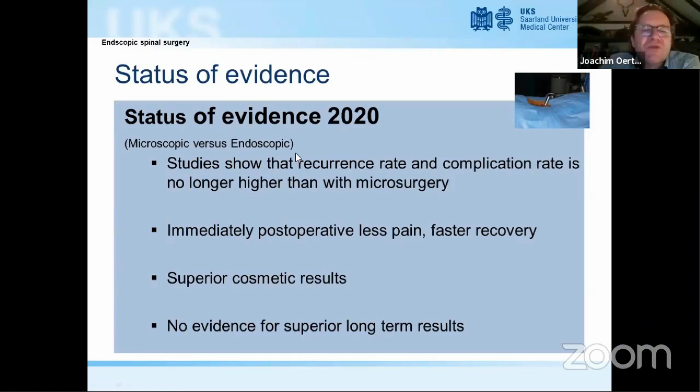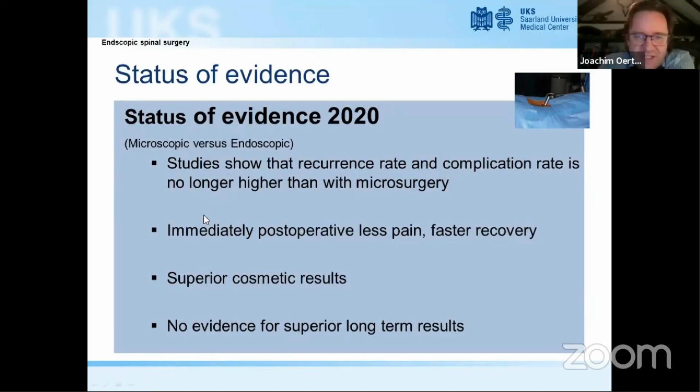We have shown that there is no longer a higher recurrence rate and a higher complication rate when we use the endoscope than with the microsurgery. So it's not that we have evidence that the endoscope is better, it's just that we can reach the same recurrence rate and the same complication rate with the endoscope compared with the microscope.